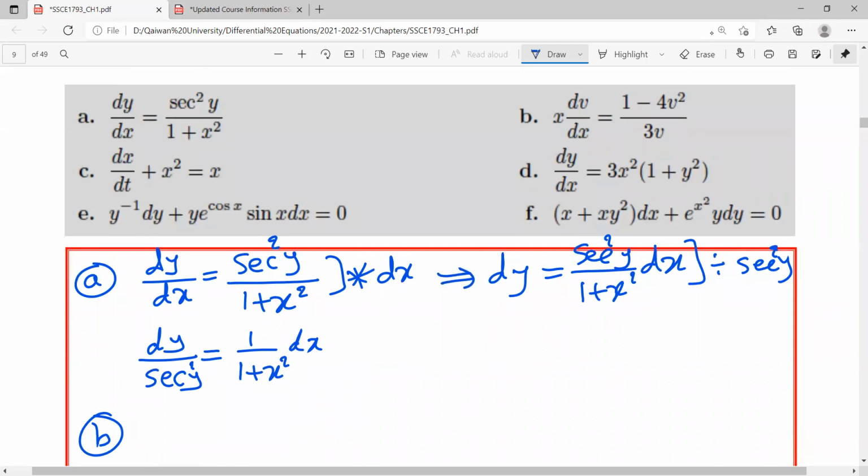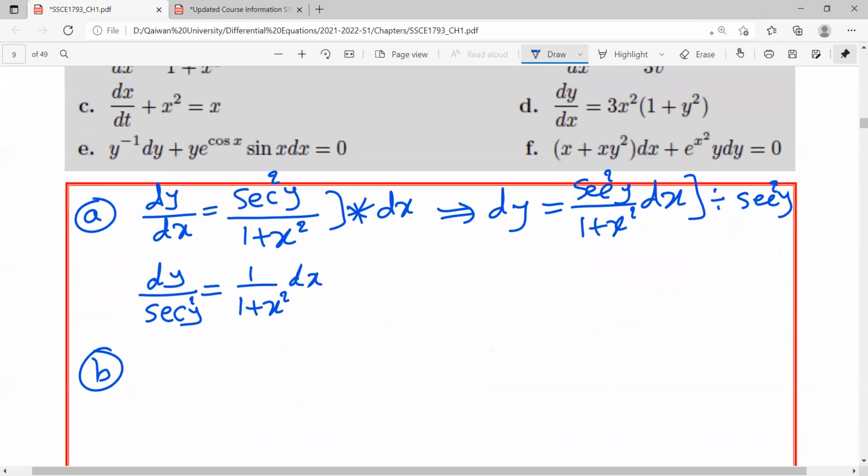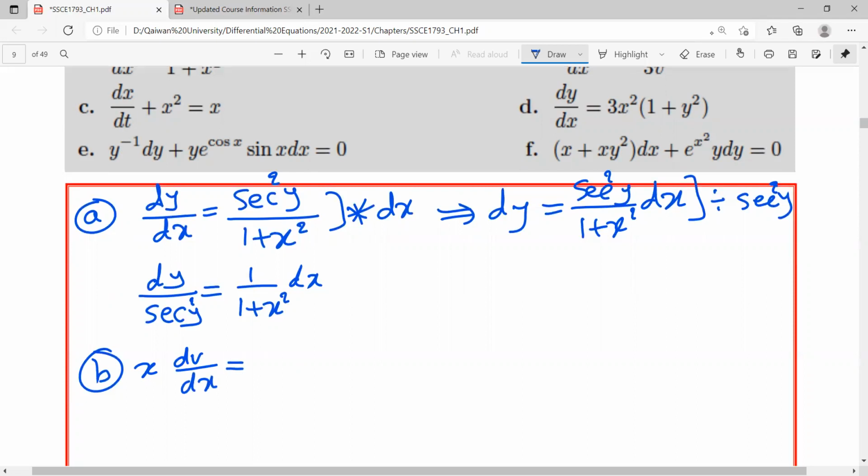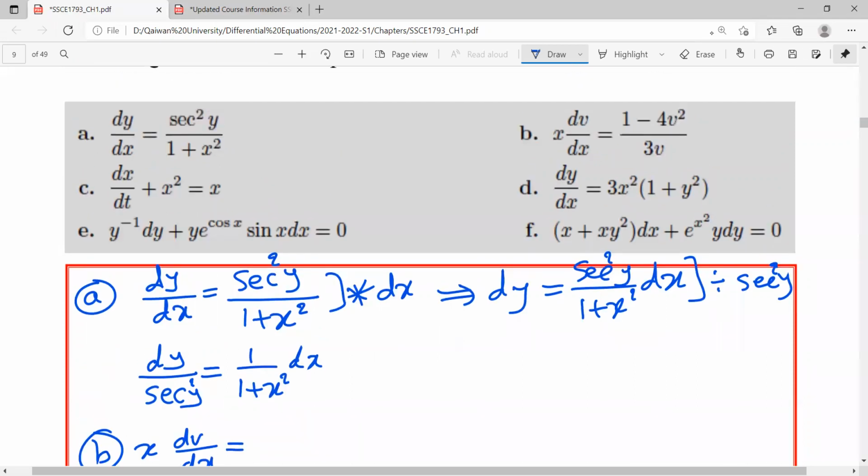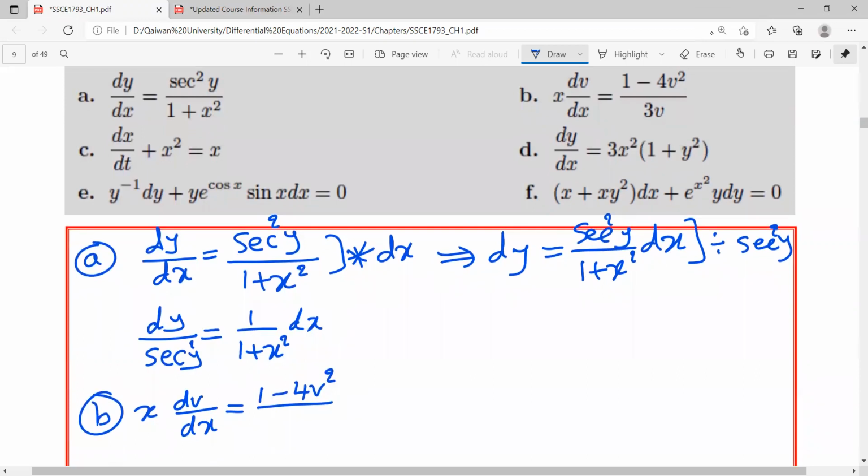B is x dv by dx equals 1 minus 4v squared over 3v.